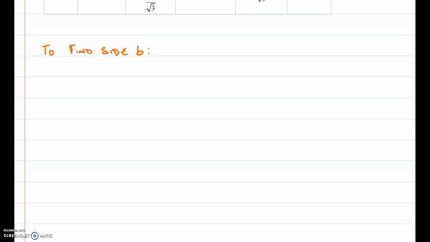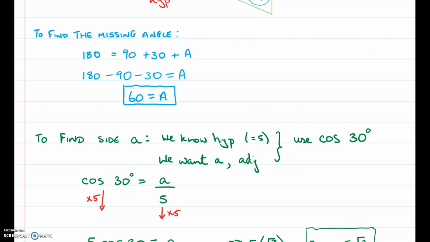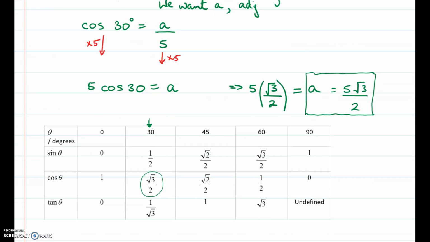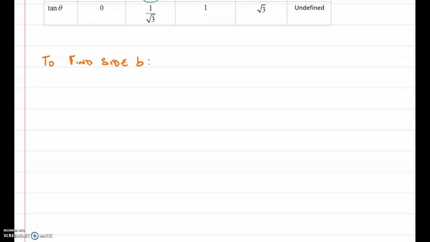If we go back and look at our diagram again, it's been a little bit of time. We know the hypotenuse is 5. We want side B, which is the opposite.